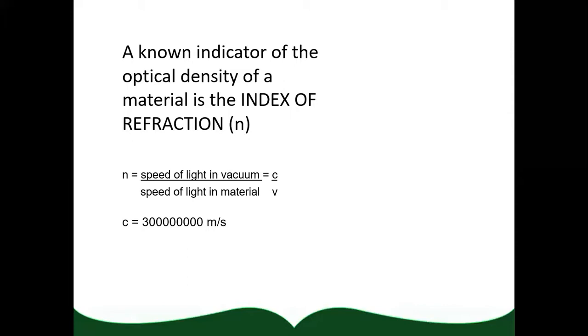So the formula for the index of refraction n is c over v, where c is the speed of light in the vacuum and v is the speed of light in a material. The value for the speed of light in vacuum, c, is 300 million meters per second. In your activity later, you will be solving for the index of refraction.